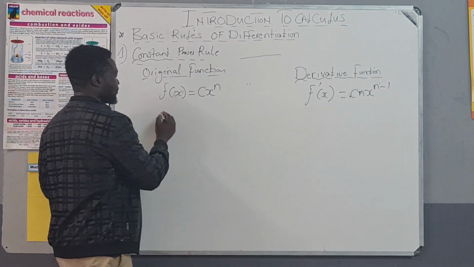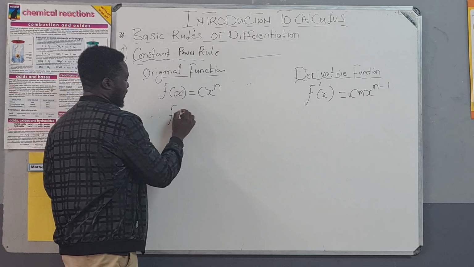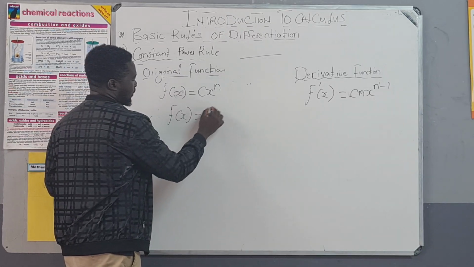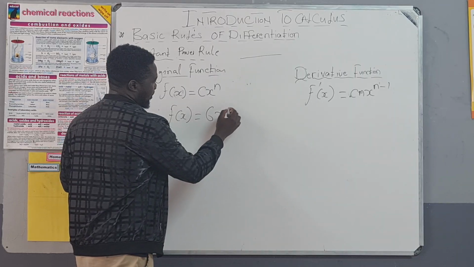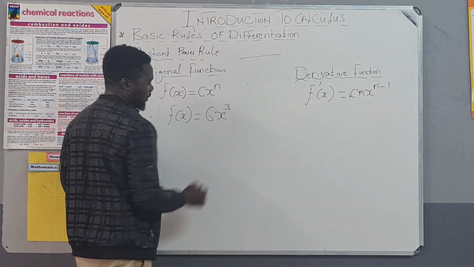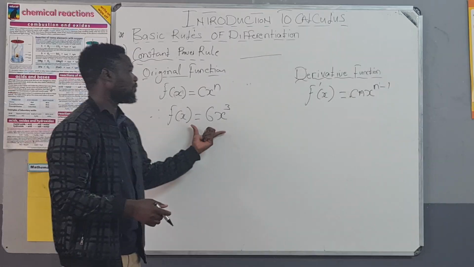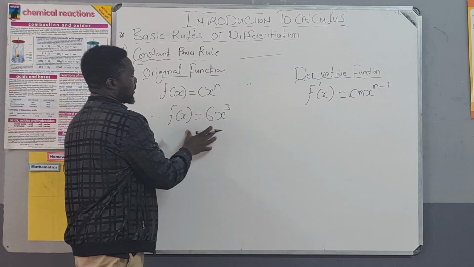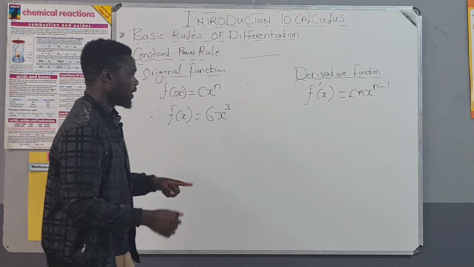Now, in the case where they gave you, say, 6x to the power 3 as the original function, and they ask you to find the derivative function of 6x to the power 3, what are you going to do?